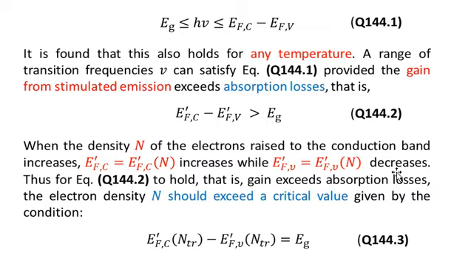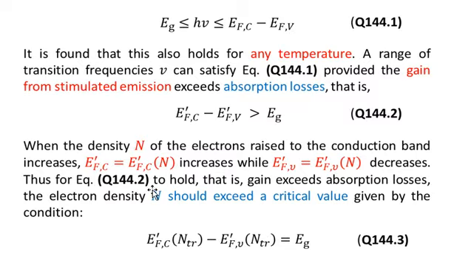That is, if more electrons are moved to the conduction band, the Fermi level in the conduction band will move upwards, whereas the Fermi level in the valence band will move downward.